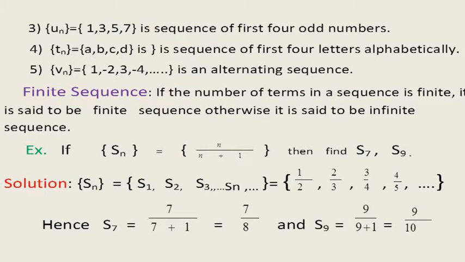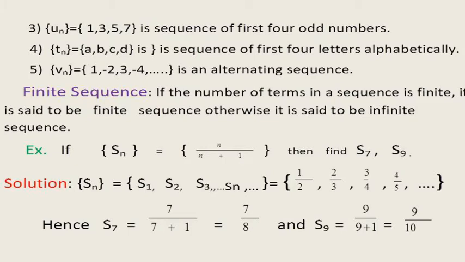So this sequence is given by its nth term. The terms in the sequence will be represented by S1, S2, S3 and so on. Putting n is equal to 1, 2, 3, 4, we get 1 upon 2, 2 upon 3, 3 upon 4, 4 upon 5 and so on.